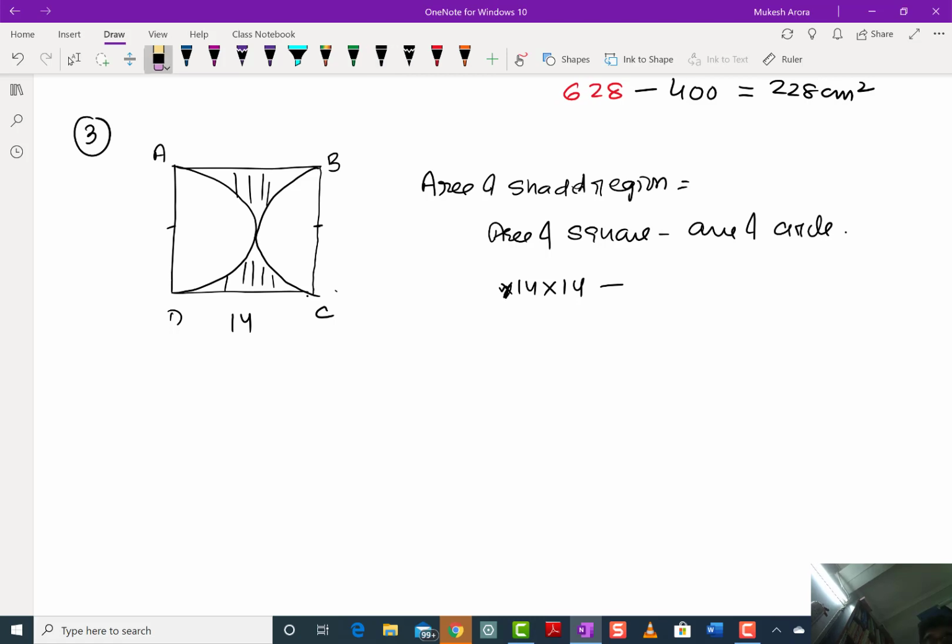That will be 22 by 7 r square. This is 14, 14 is diameter. Radius will be 7 into 7. 14 into 14 is 196 minus 154 is equal to 42 centimeters square.